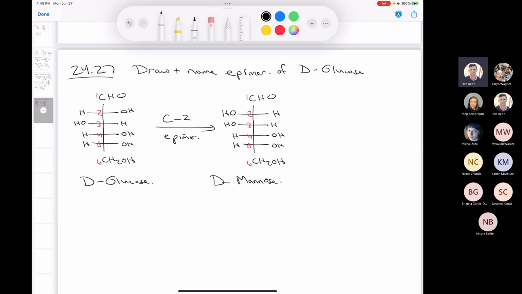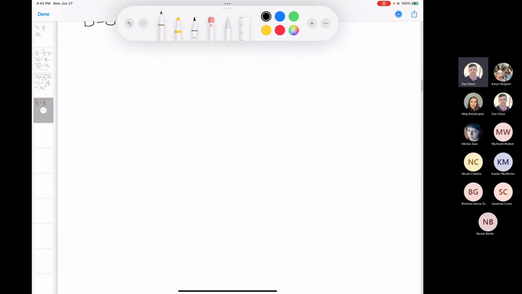Okay, let's try another one. Let's try 24.28. I thought this was another good one. Oh, here's a cool one. You can do all kinds of wacky things with sugar chemistry questions.